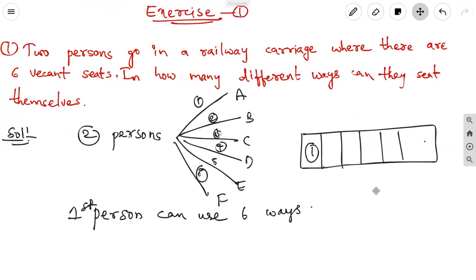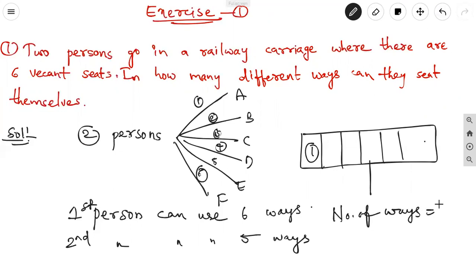The second operation is, one person has occupied any one of the 6 seats. How many are vacant? 5 are vacant. Among the 5 seats, the second person can choose any one. So the second person can sit in 5 ways. So what is the total? How many different ways can they seat themselves? Number of ways: 6 into 5, 6 fives are 30.